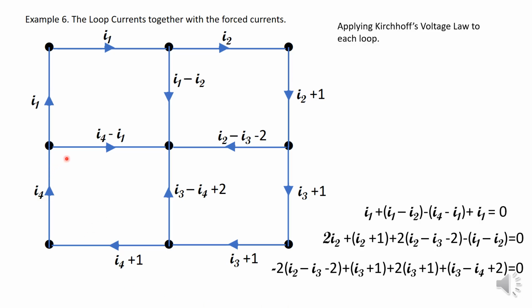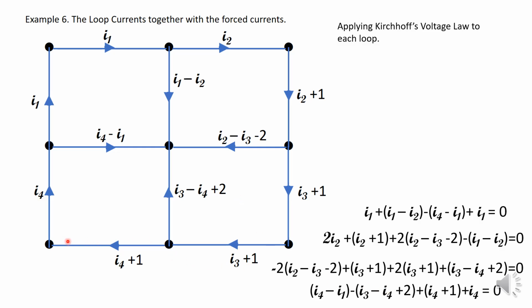And then let's go to this loop here. All of the resistances are 1 in this loop. So let's start here and we go across here. The fall of current will be 1 times I4 minus I1. We are going against the direction here, so the fall here will be minus I3 minus I4 plus 2.